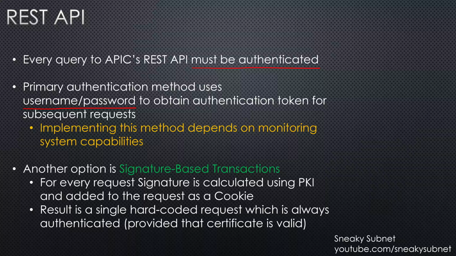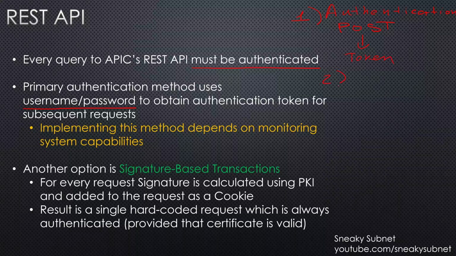So what I mean here is that, first of all, we do an authentication request, and it would be a POST where we'll actually submit our username and password, and the result of that request would be an authentication token.